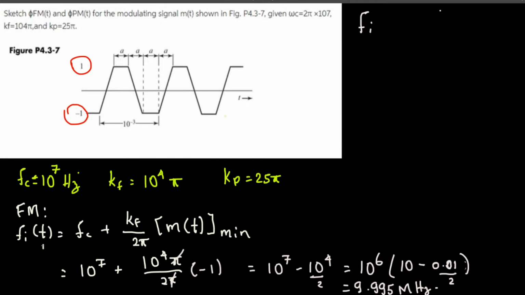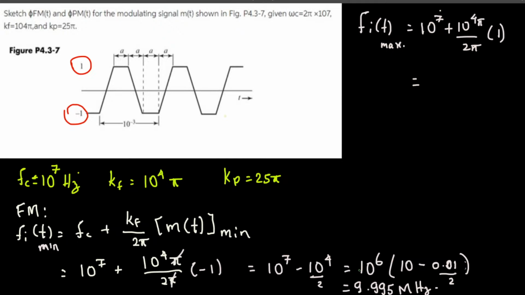fi of t minimum is this. fi of t maximum, same equation, only the maximum will be different because the maximum happens at 1. So instead of multiplying by -1, we will multiply by +1. So this is going to be the exact same equation, 10 to the power of 7 plus 10 to the power of 4 π divided by 2π, but this time it's multiplied by 1. So now we are going to just add them.